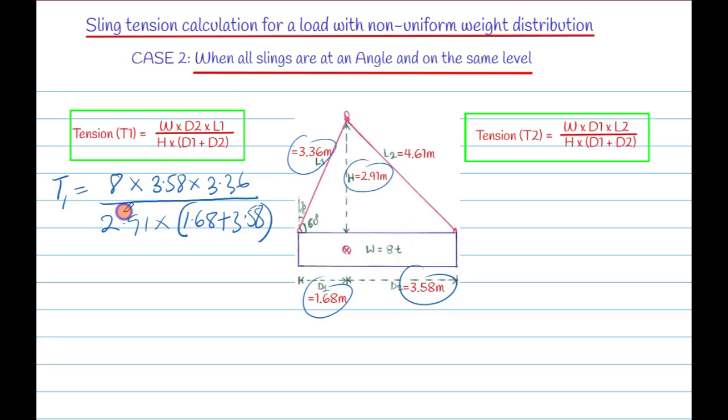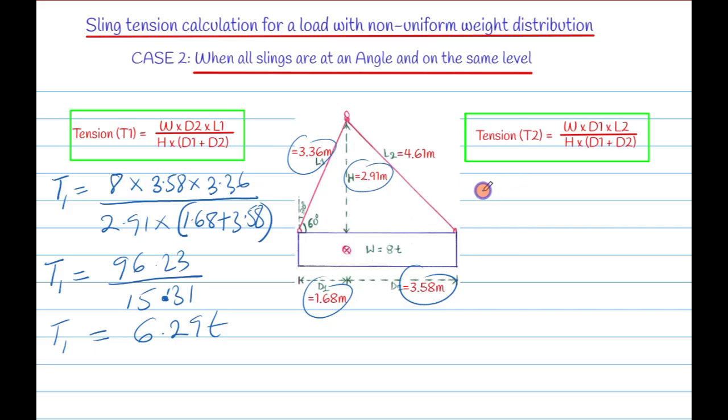Now if you do this expression, we are going to have 96 for the top one, divided by the bottom one, which will be 15.31. So T1 will be equal to 6.29 tons. So this is the tension on leg 1.